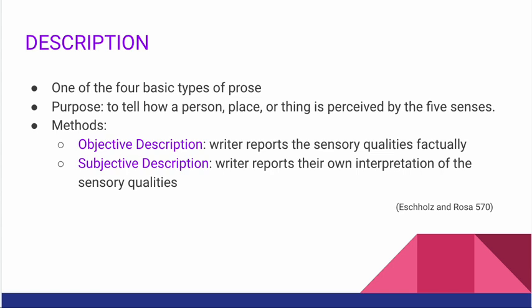While subjective description is used when the writer wishes to report his or her personal interpretation of the sensory qualities of the entity in a way that would persuade the reader to also interpret them in that same way. This type of description can be biased, which means it's skewed to emphasize the writer's point of view.